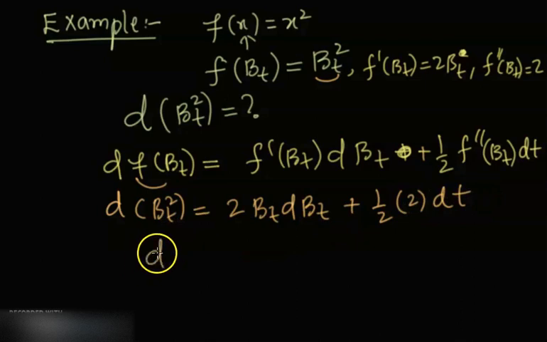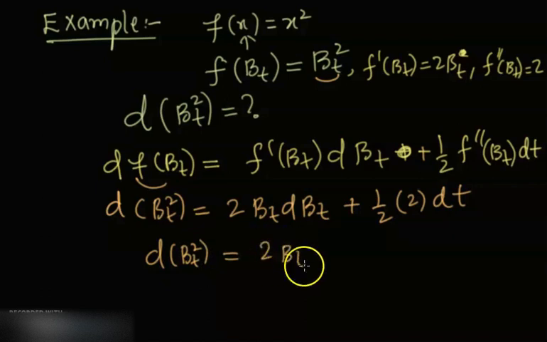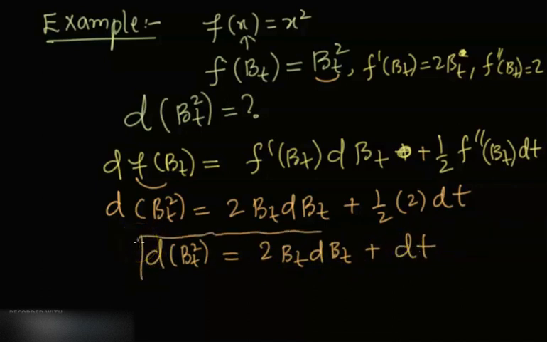So from here I can write the differential of B_t squared is 2B_t dB_t plus dt. So that's the differential of B_t squared.